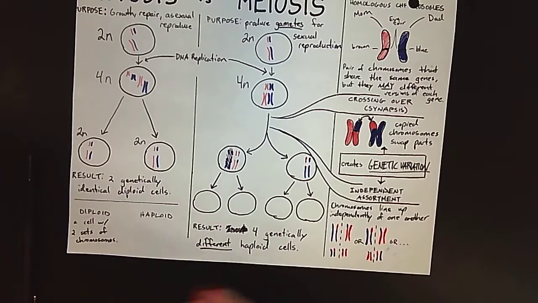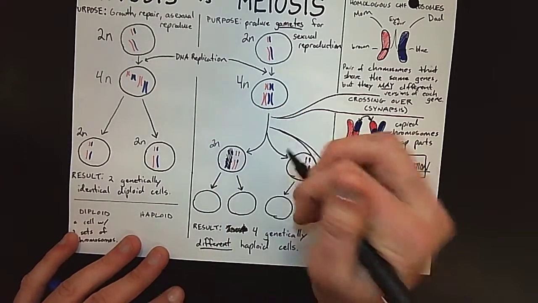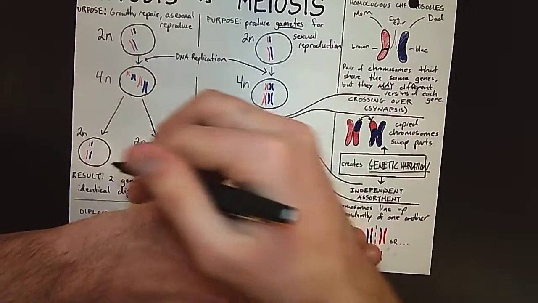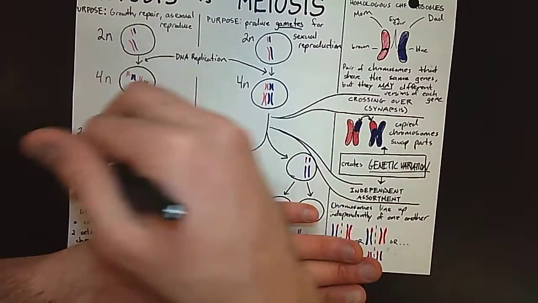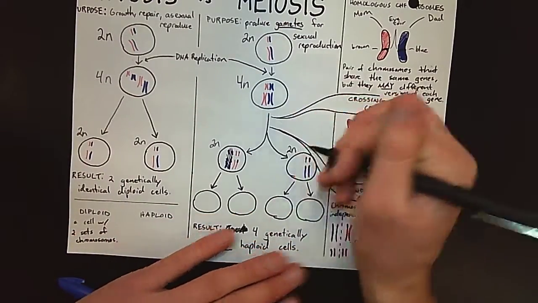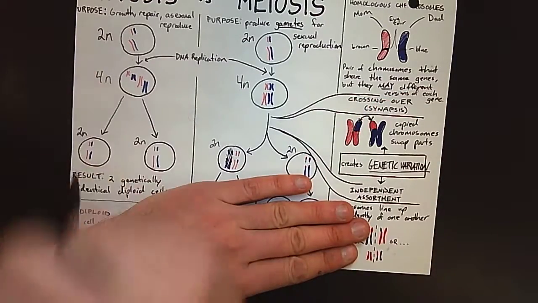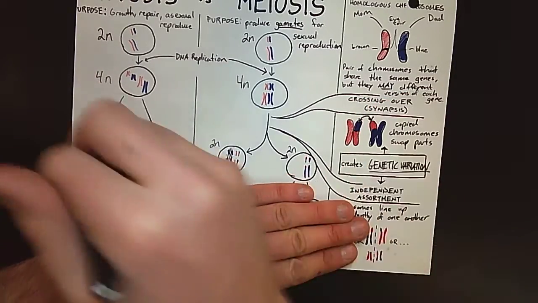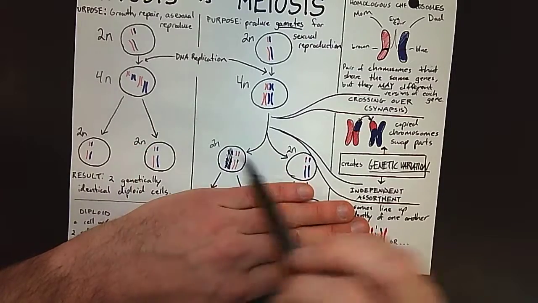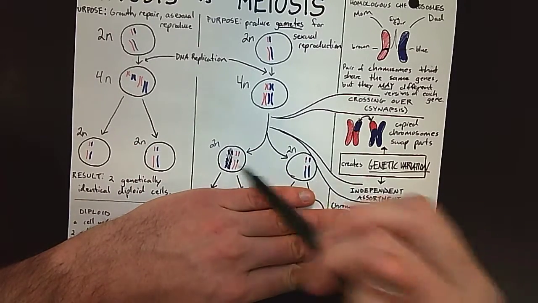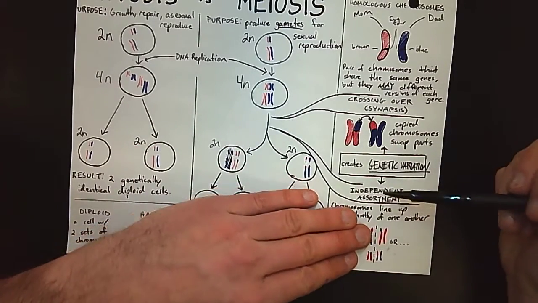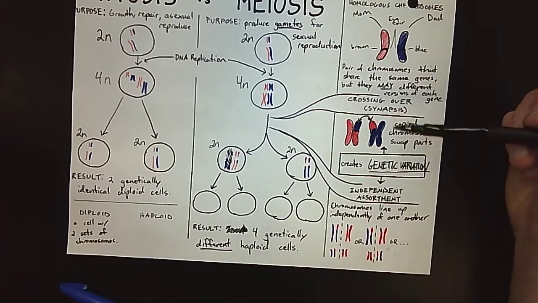Okay. So now I have these diploid cells, right? And if we look, this is kind of similar to the process of mitosis in terms of the splitting and everything where we're left with these diploid cells. But if I even compare mitosis to meiosis at this point, they're different, right? Here we have identical cells, and if I just look at these cells, they are genetically different because we did this independent assortment and this crossing over.